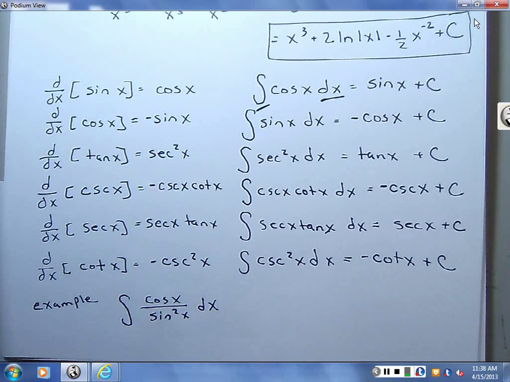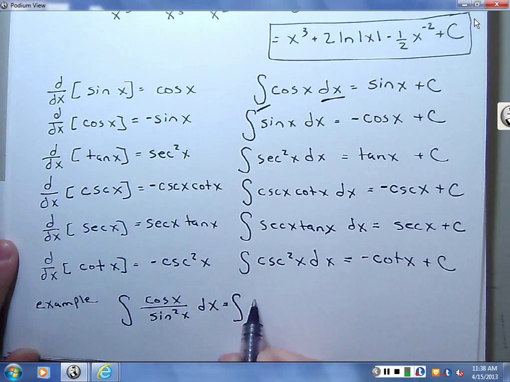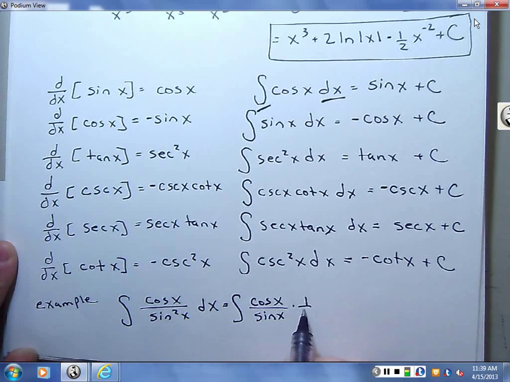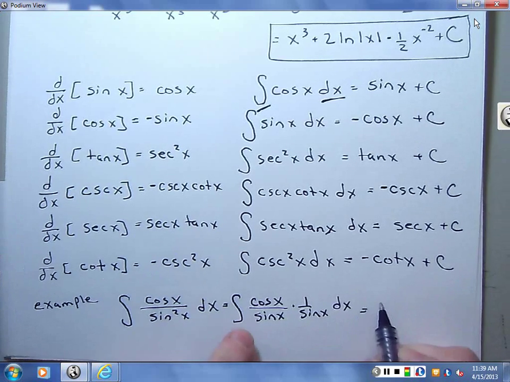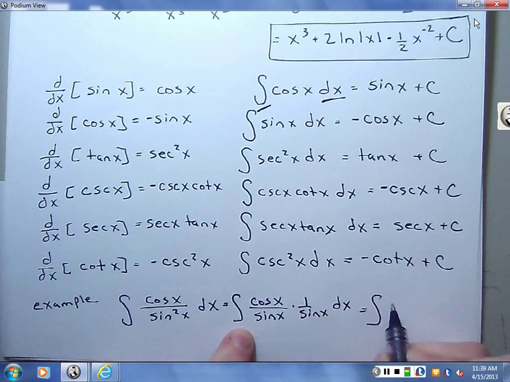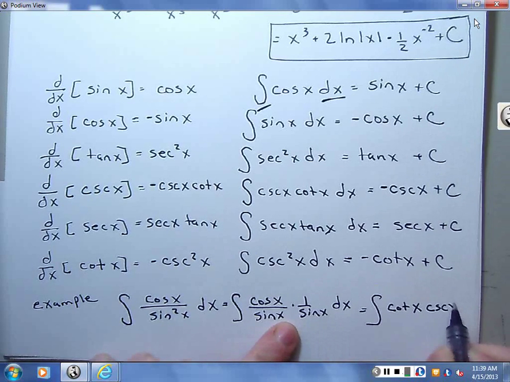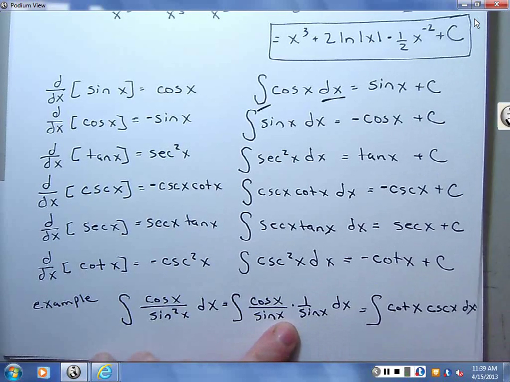So what's another way to write cosine over sine squared? Oh, wait, that's sine squared. So I could write this as cosine over sine times 1 over sine. All right? So that's going to be cotangent cosecant.